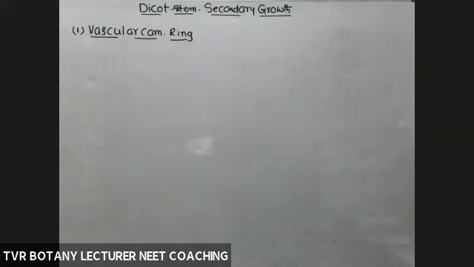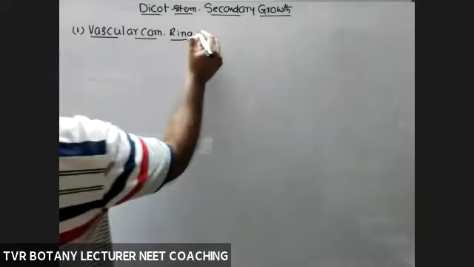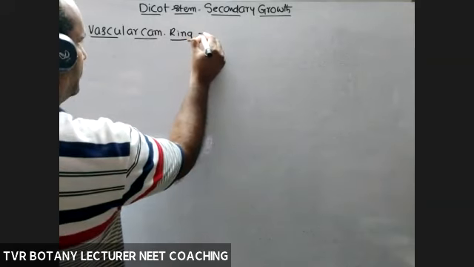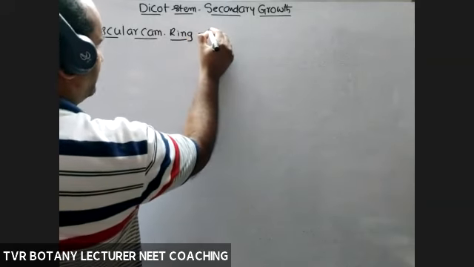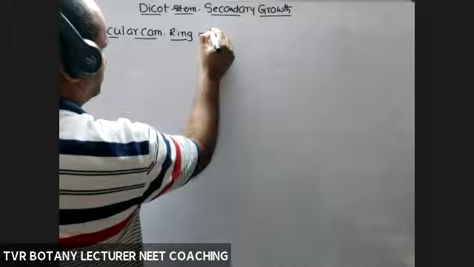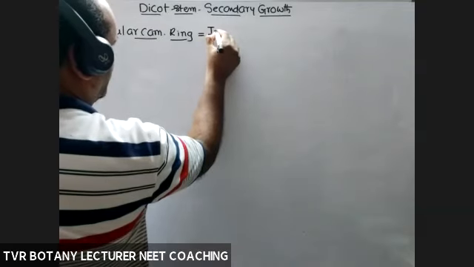Vascular cambial ring is formed by both intrafascicular and interfascicular cambium. This part is very, very important.